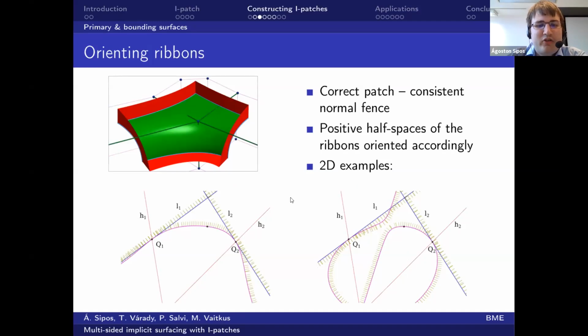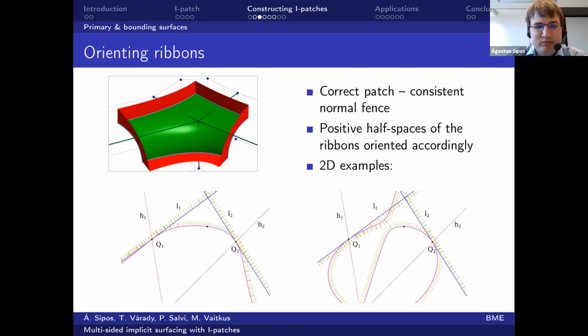If an implicit patch does not have normal vectors pointing in the same direction along the border, then internal singularities will occur where the normal flips. This means that the gradients of the primaries have to be oriented consistently by setting their positive half spaces in the correct direction.